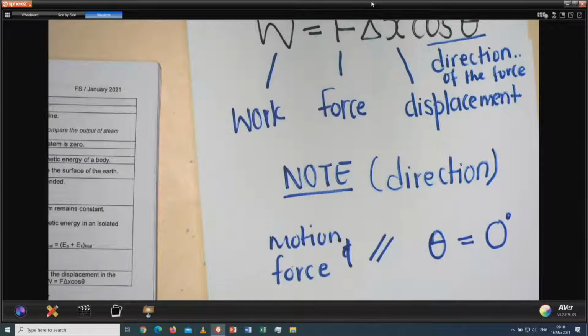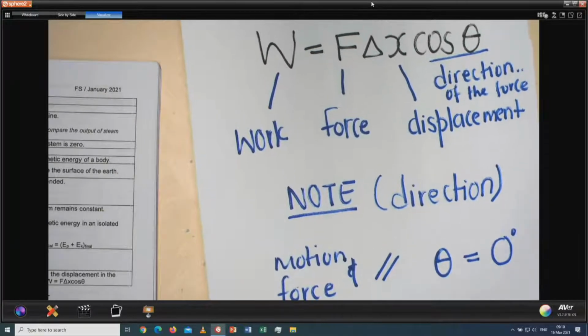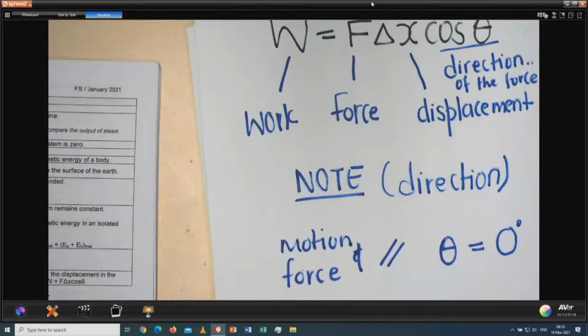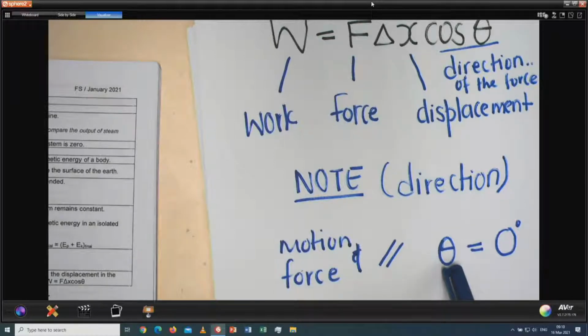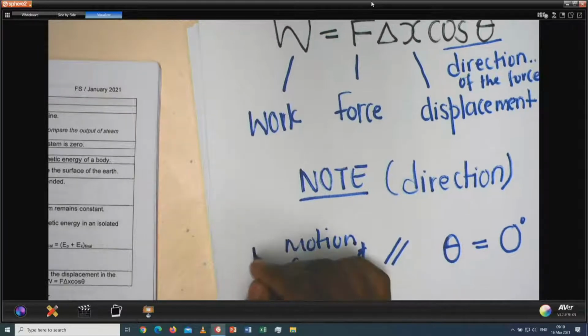We said the product of force and motion is what gives us work. So what we must note is that if the motion in which the object is moving and the force are parallel to each other, then theta is equal to 0 degrees. That's the first thing we must note.